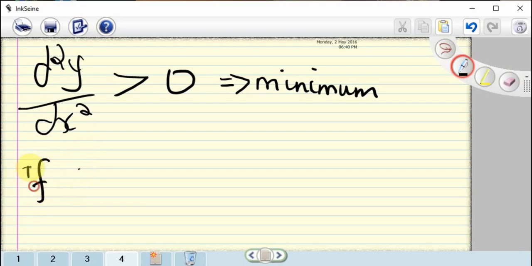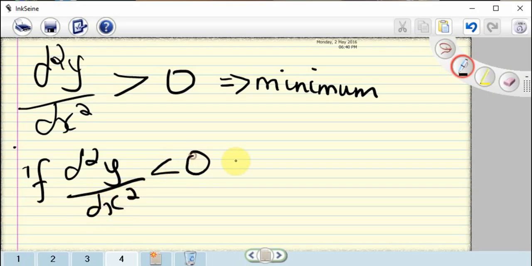If d squared y by dx squared is less than 0, we have a maximum. Okay? Alright.